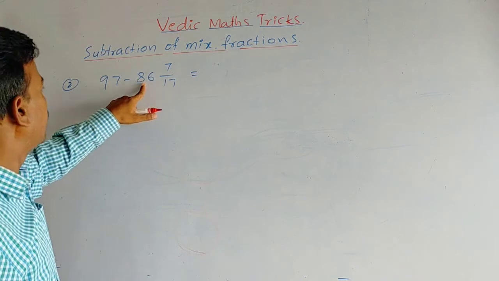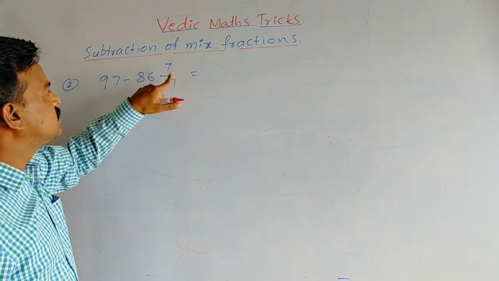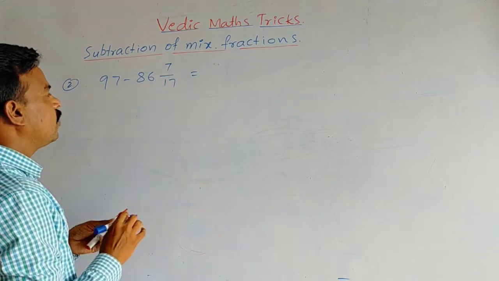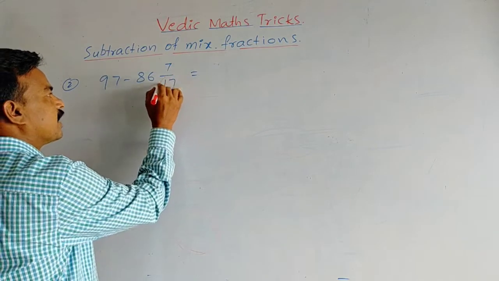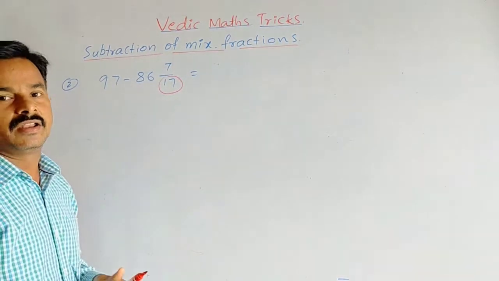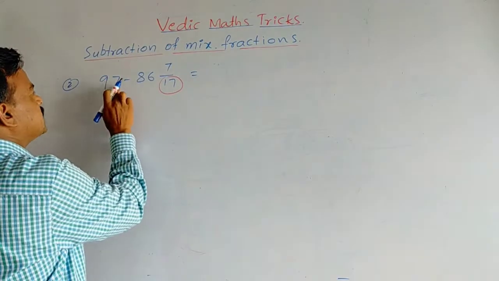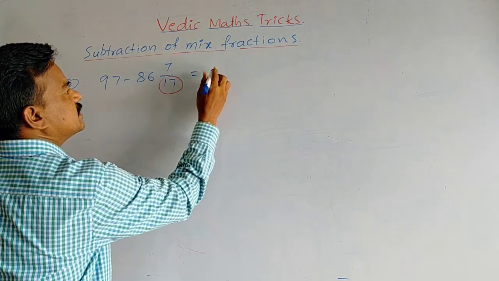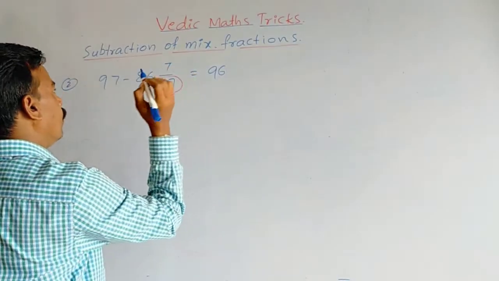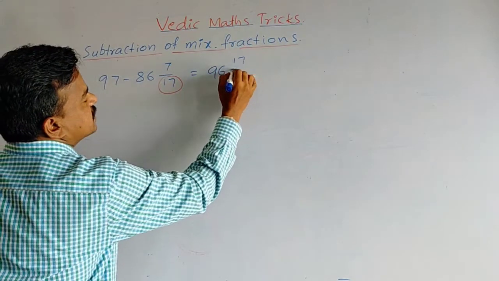Here, in the mixed fraction, the denominator is 17. So we should write 97 as 96 whole 17 by 17.